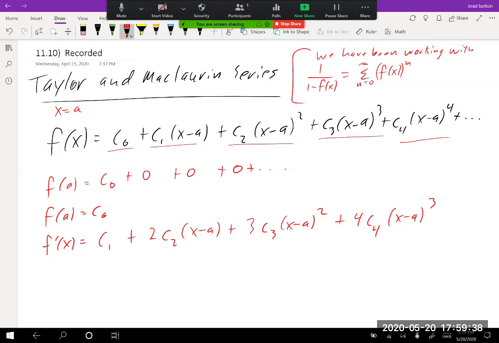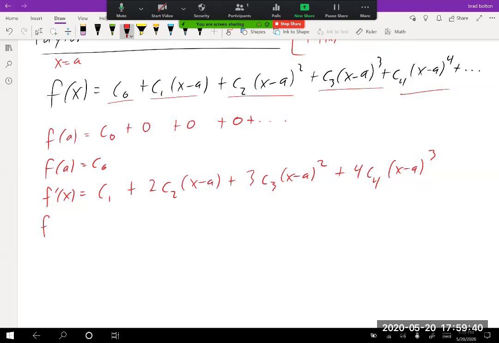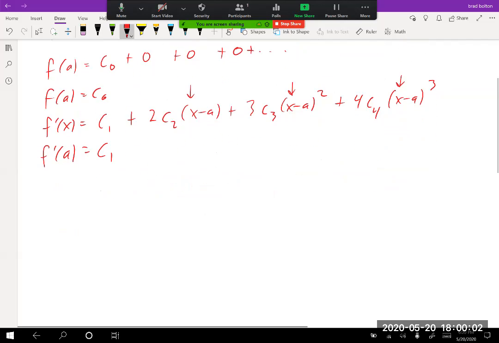So if we do f prime of a, f prime of a is equal to c sub 1, because if we plug a in, all the other terms become 0. The only thing left standing will be c sub 1. Then what if we take the second derivative?